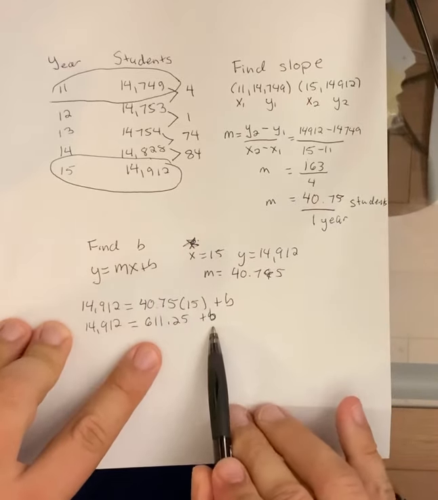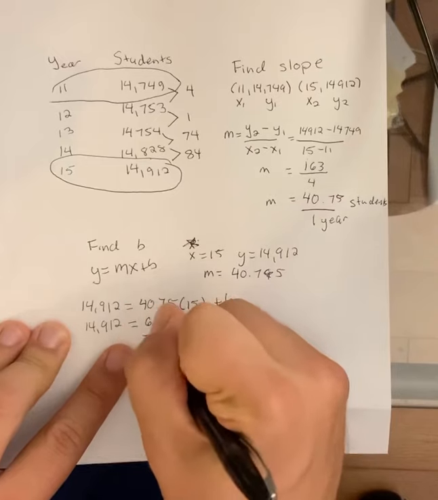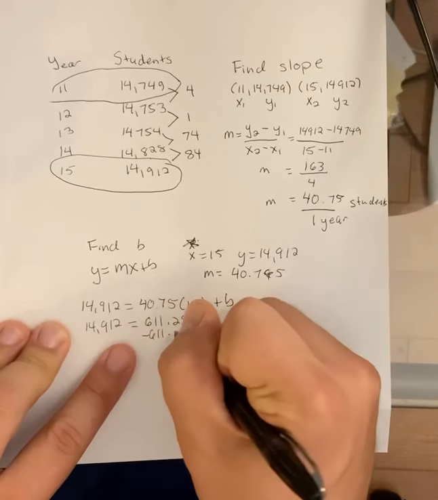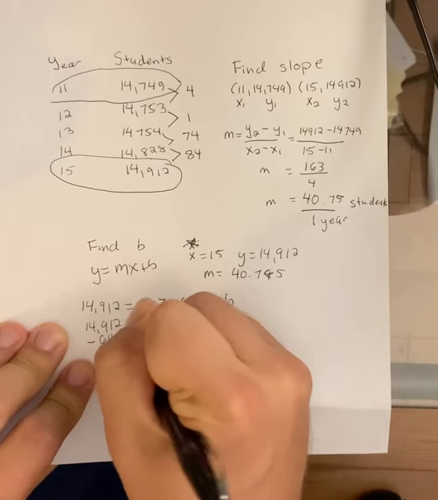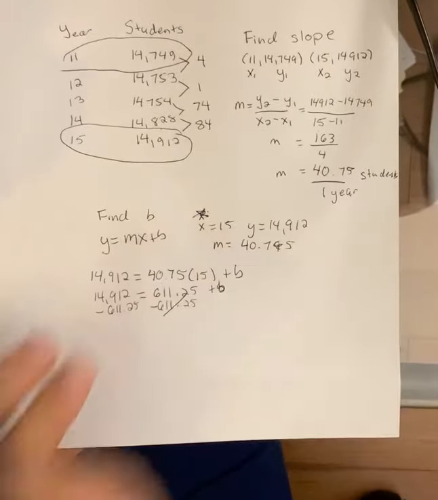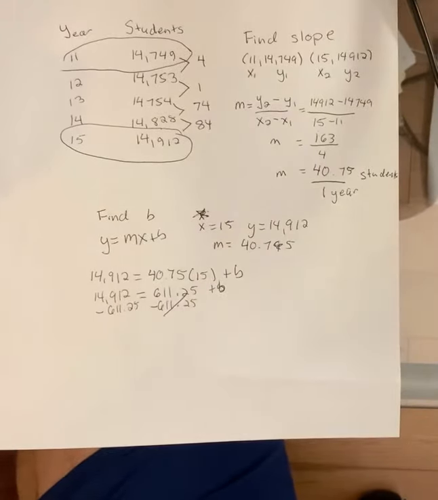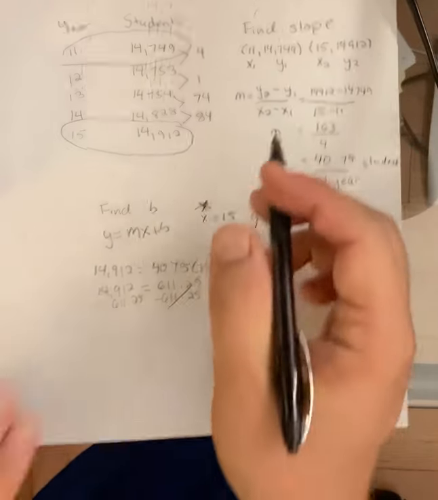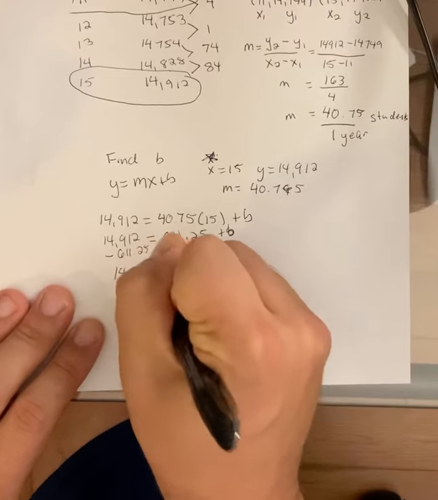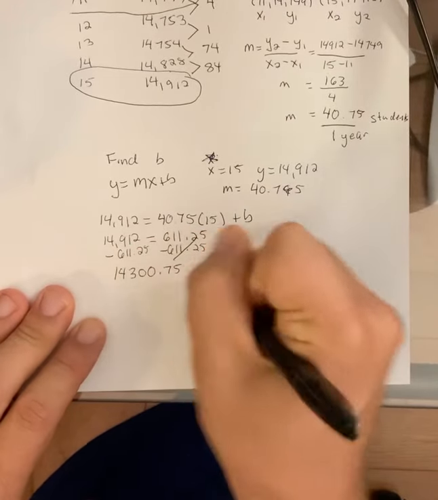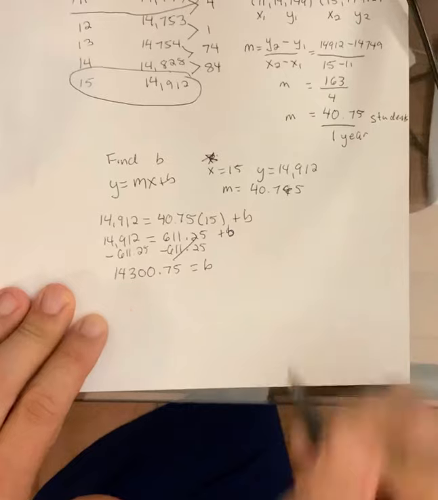And now I want to get b by itself, so I subtract 611.25 from both sides. And when I do that, I get 14,300.75 equals b.